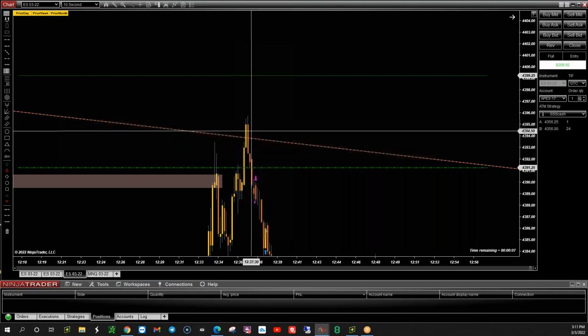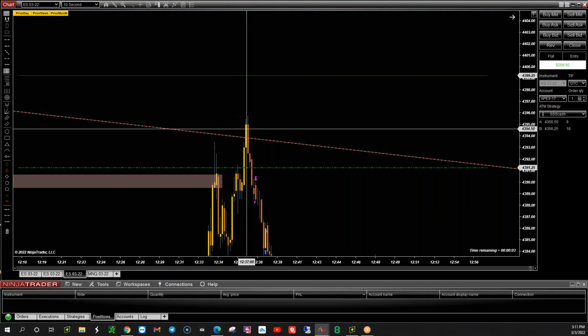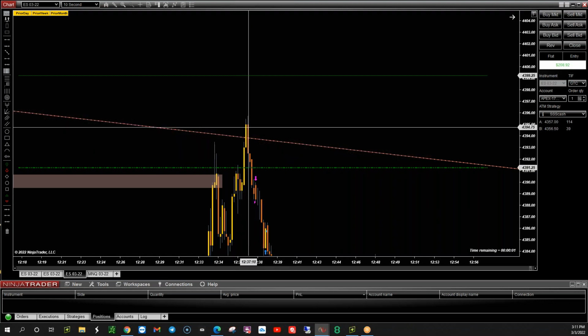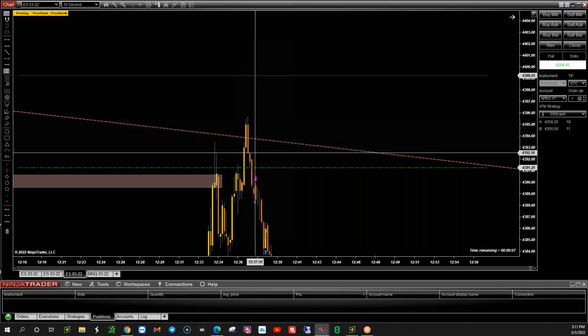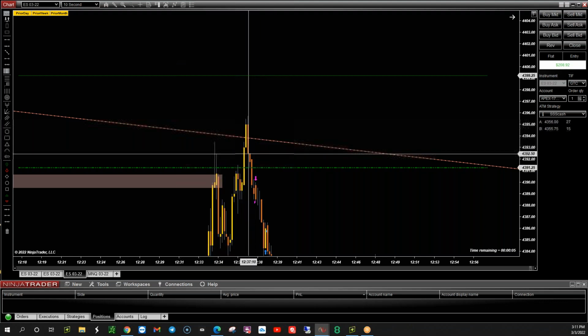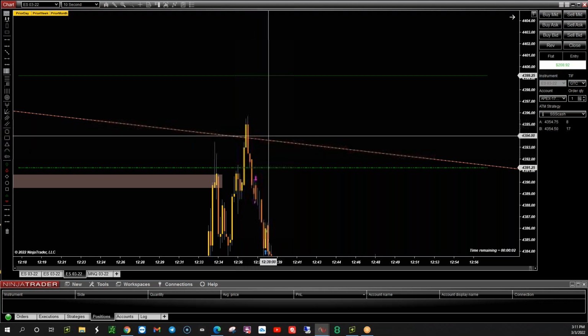I wait, as long as it doesn't blow up too far past it. If the next candle immediately reverses and comes back down and closes beneath my trend line, then I'll give it a shot to go short. Because if it's going to work, I need it to work like that. I don't need it to hang around here going back and forth for 5-10 minutes.